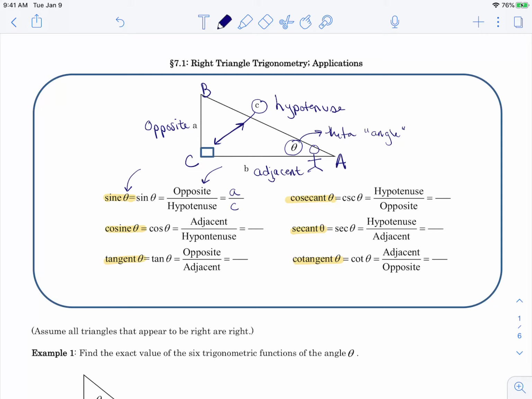So cosine of theta, that definition is adjacent over hypotenuse. Well, adjacent is B and hypotenuse is C. Tangent, that definition is opposite over adjacent. So opposite A over adjacent B. A nice way to have this memorized is something known as SOHCAHTOA.